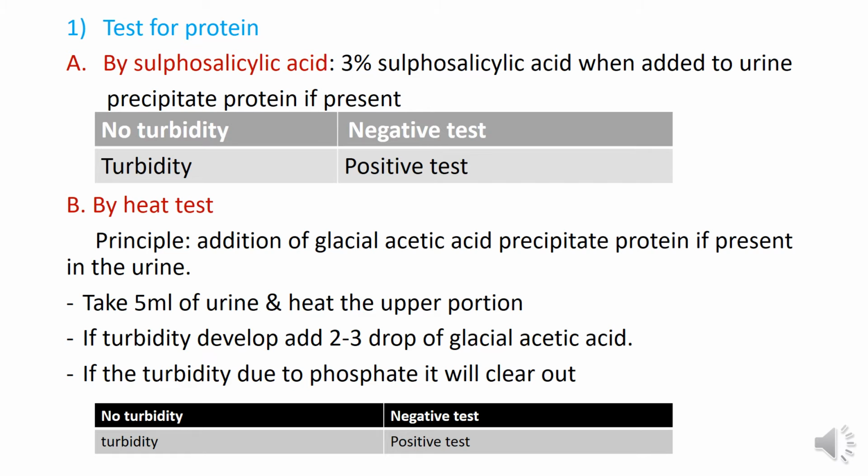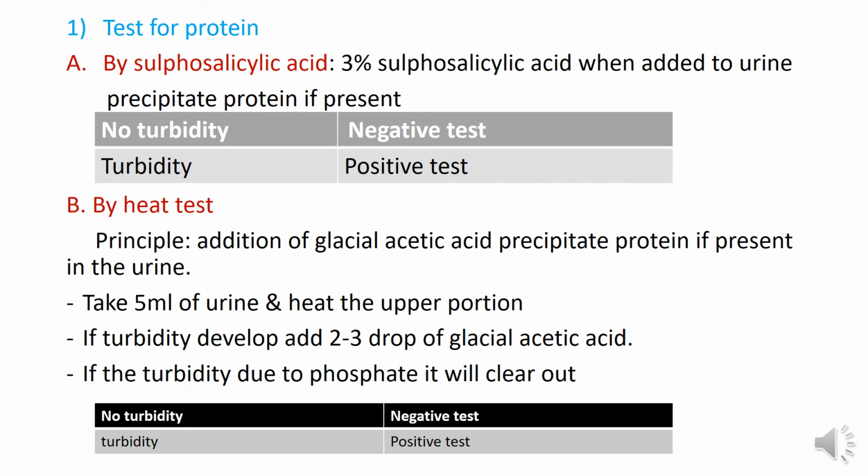Second test is the heat test. Addition of glacial acetic acid precipitates protein if present in the urine. A precipitate may also be present due to phosphate. For the test, take 5 ml of urine and heat the upper portion.